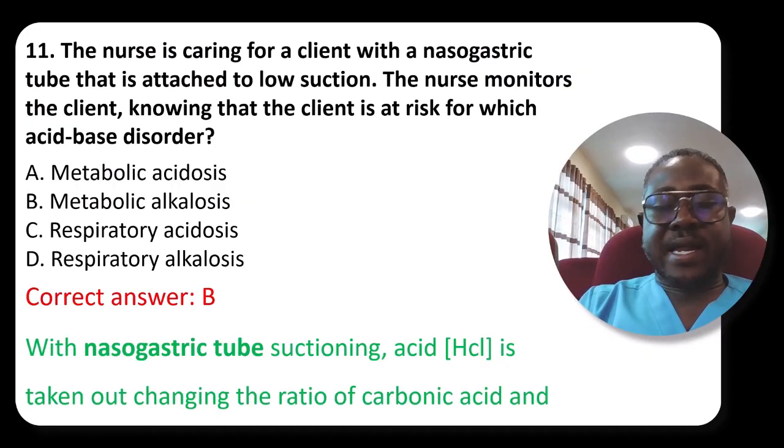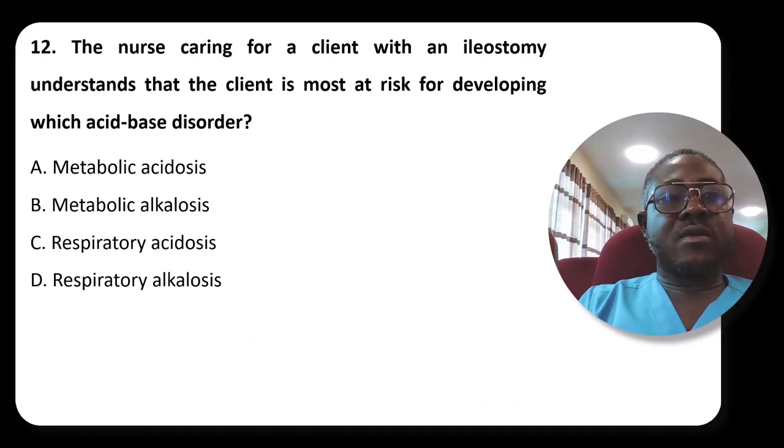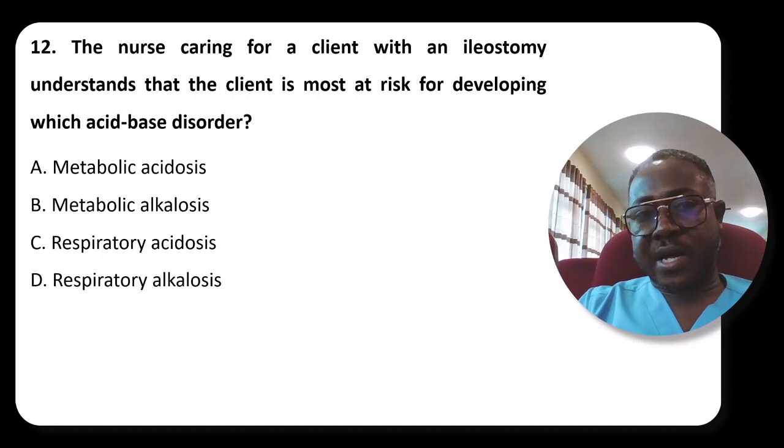Now let's look at the next question. Question 12. The nurse caring for a client with an ileostomy understands that the client is most at risk for developing which acid-base disorder? A. Metabolic acidosis, B. Metabolic alkalosis, C. Respiratory acidosis, and then D. Respiratory alkalosis.